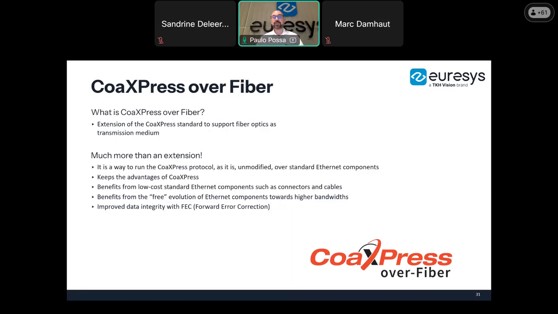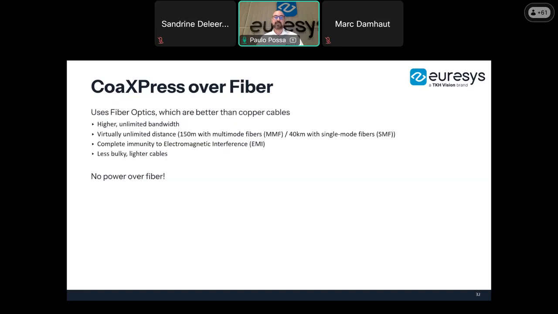It also has improved data integrity with forward error correction. The use of fiber optics has other advantages over copper cables. They have higher and almost unlimited bandwidth, virtually unlimited distances, reaching up to 40 kilometers with standard components. It's immune to electromagnetic interference and reduces cable congestion.